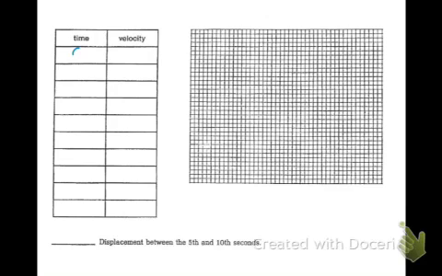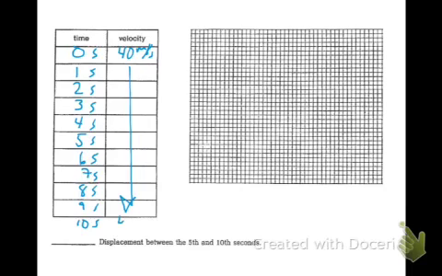So, 0 seconds, 1, 2, 3, 4, 5, 6, 7, 8, 9, 10 seconds. Our velocity for each of these, because it's not changing, happens to be 40 meters per second. All the way down.